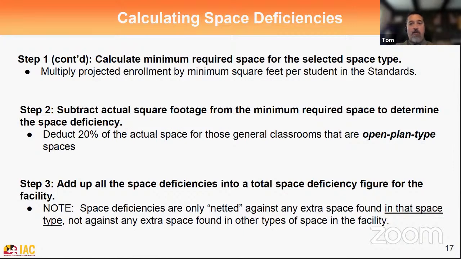In other words, a general classroom cannot suffice for a science classroom, let's say, as an example. So excess square footage in one space can offset a deficiency in another space of the same type. In other words, if you have a large classroom and a small classroom, that's acceptable. However, excess square footage in different types generally is not permitted by the statutes or by the standards rather.